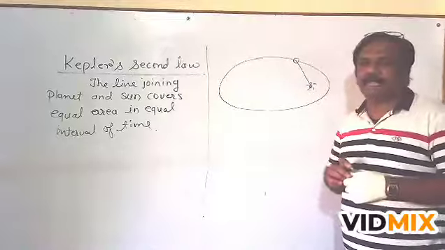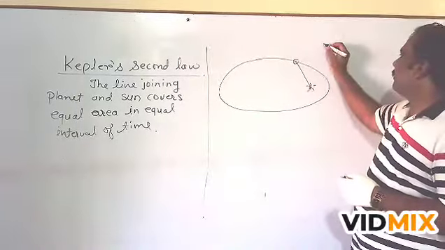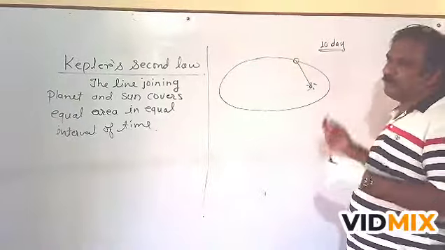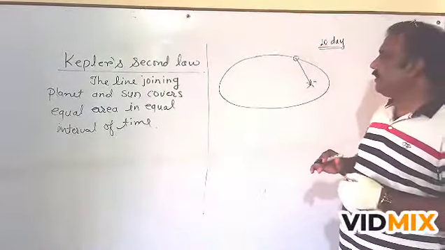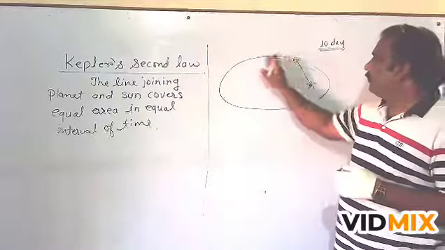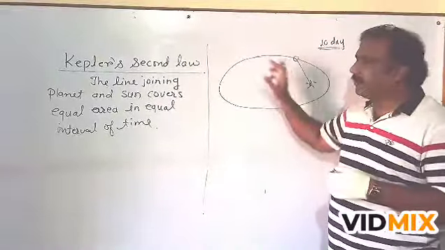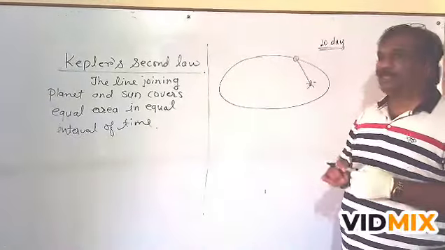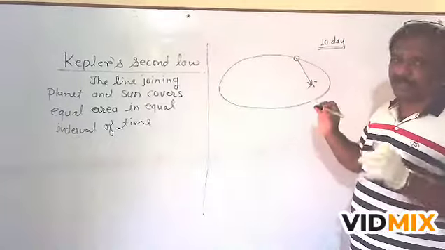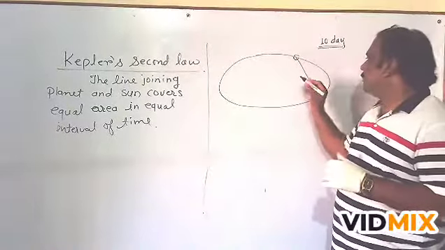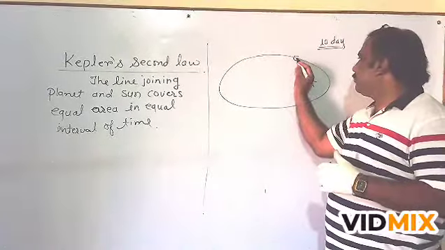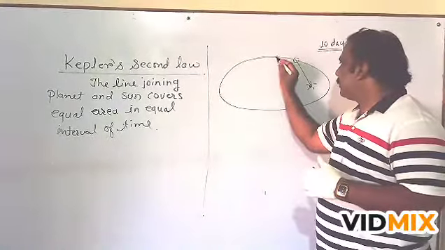Now consider a time interval. Let the time interval be 10 days. As we know, the time period of Earth is 365 days, meaning Earth completes one revolution in 365 days. So consider the time interval of 10 days. Within these 10 days, let planet Earth move from this position up to this position.